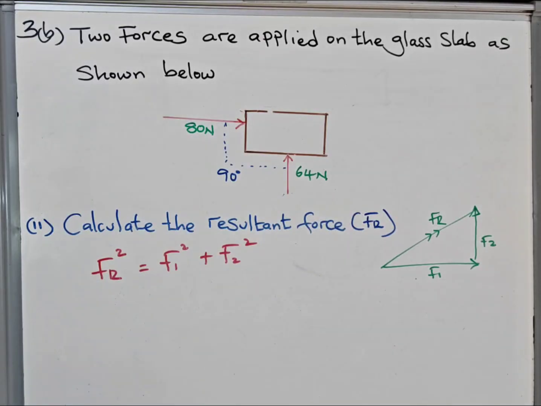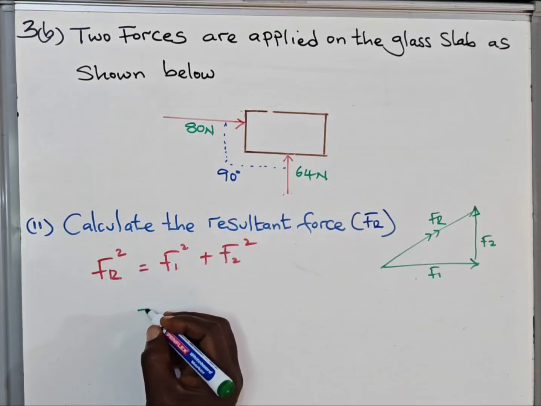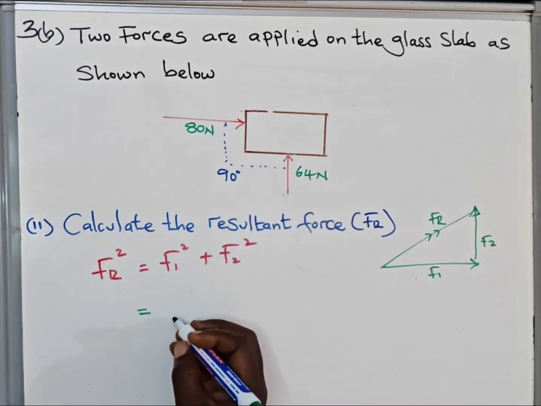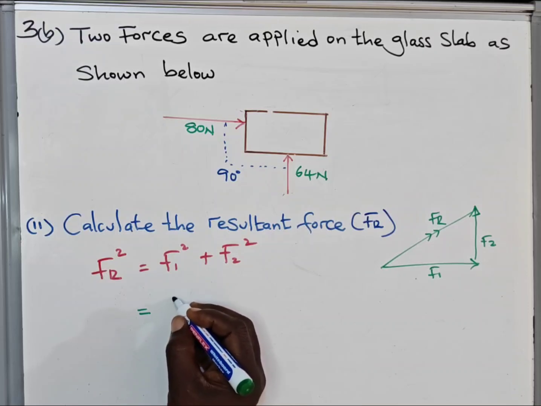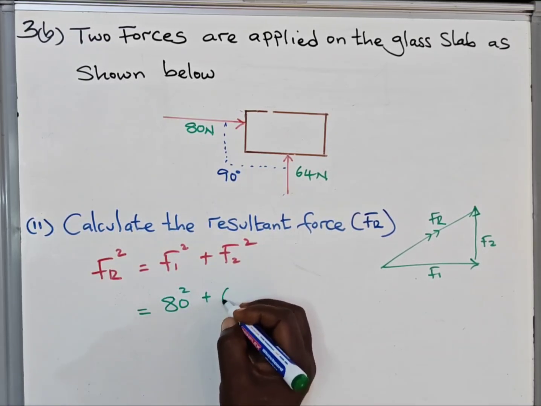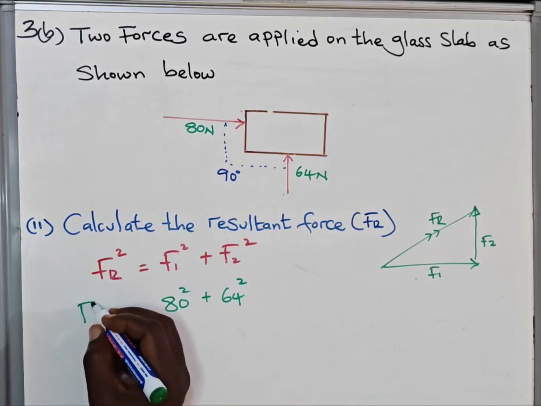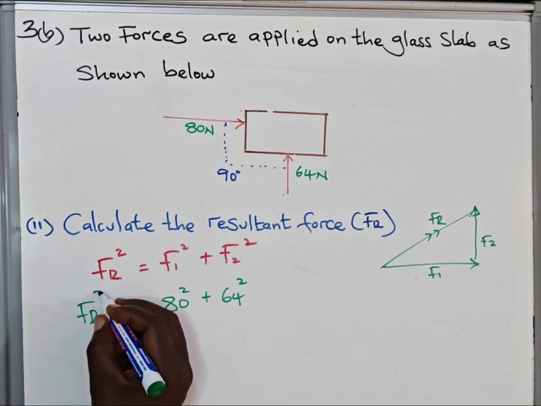Yeah, that is Pythagoras. And what do we do here? We do the substitution. If F1 is the one 80, so it's going to be 80 squared plus 64 squared, giving us Fr squared.